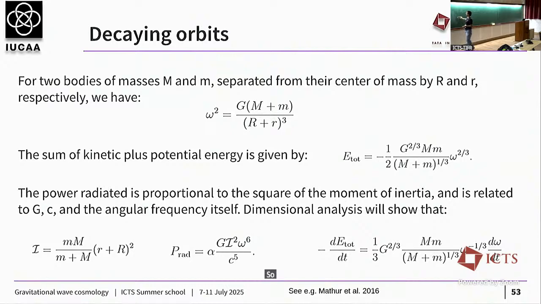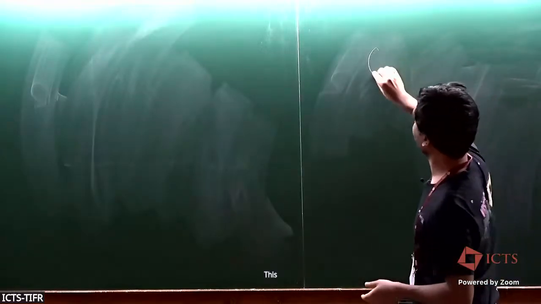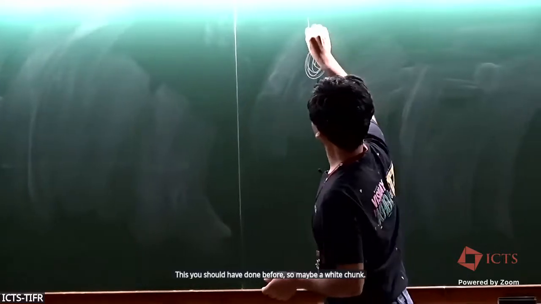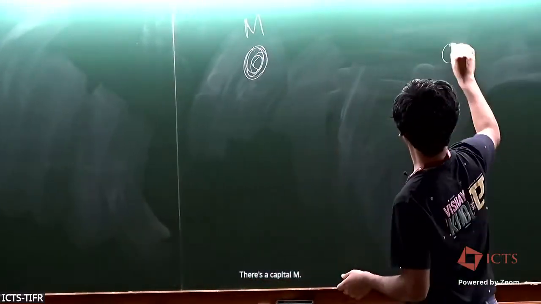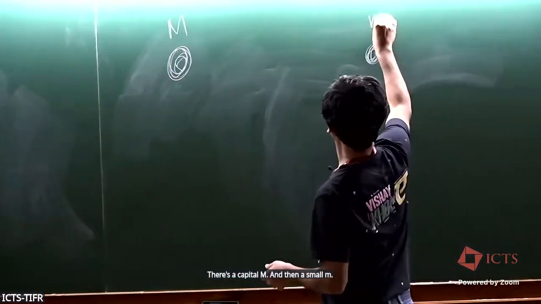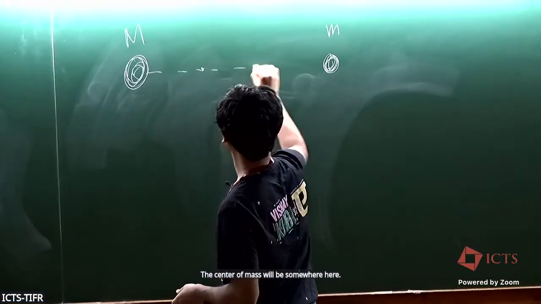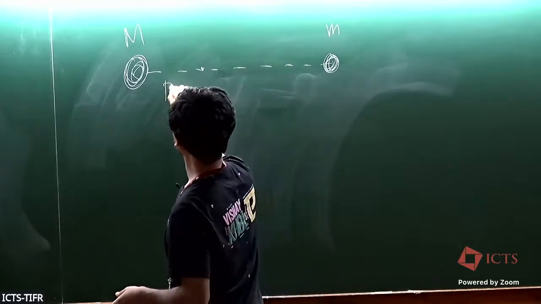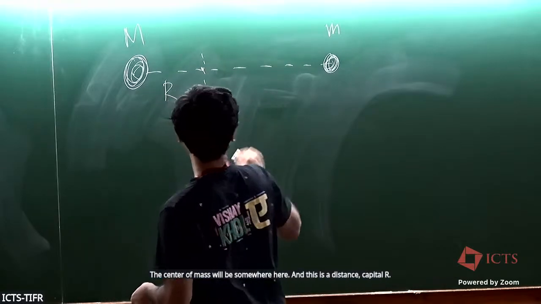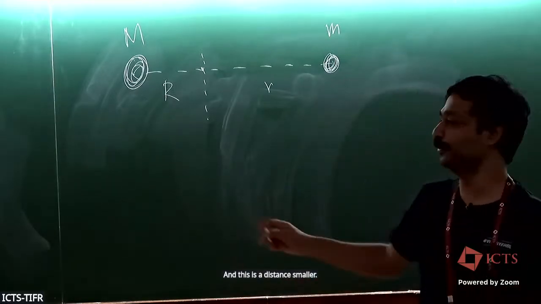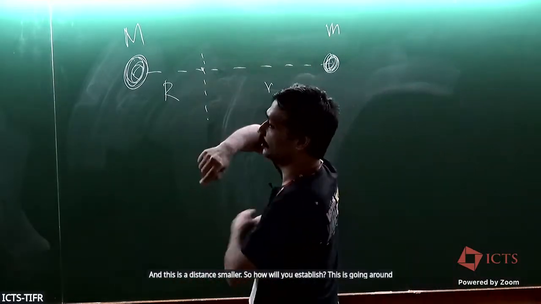So just a simple Newtonian problem, right? This you should have done before. There's a capital M and then a small m. The center of mass will be somewhere here. And this is a distance capital R, and this is a distance small r. So how will you establish that this is going around in circular orbits?